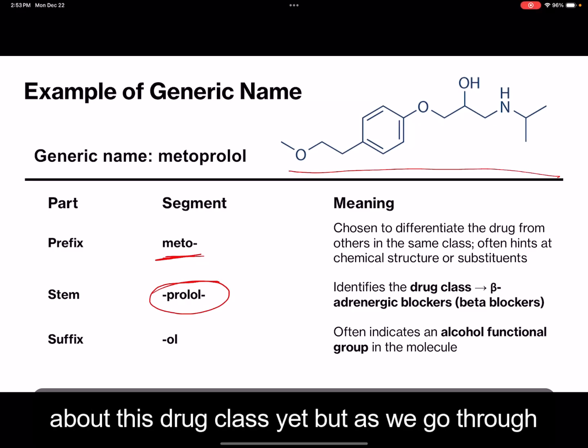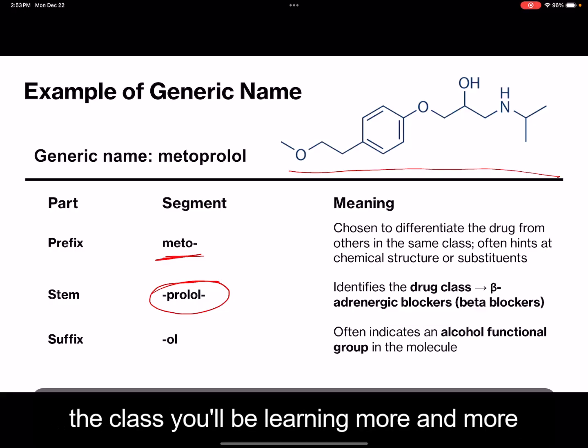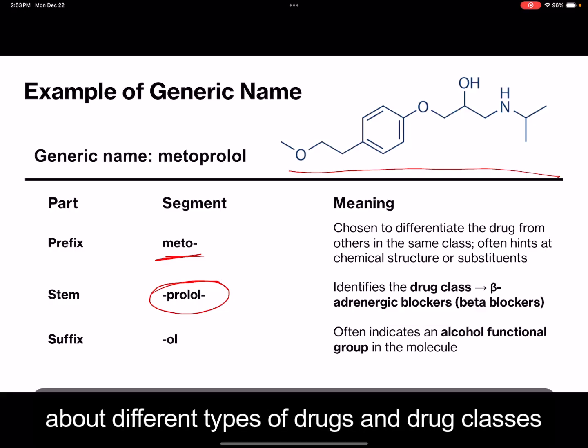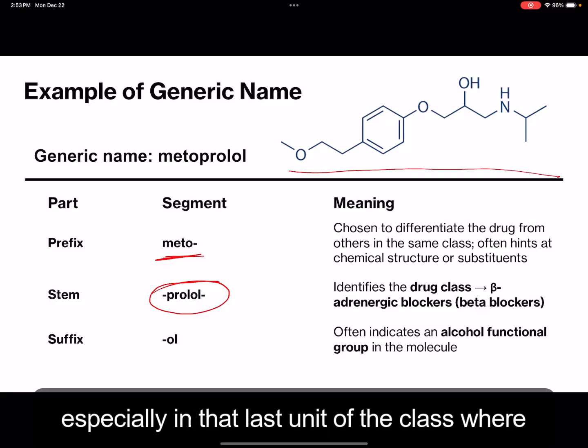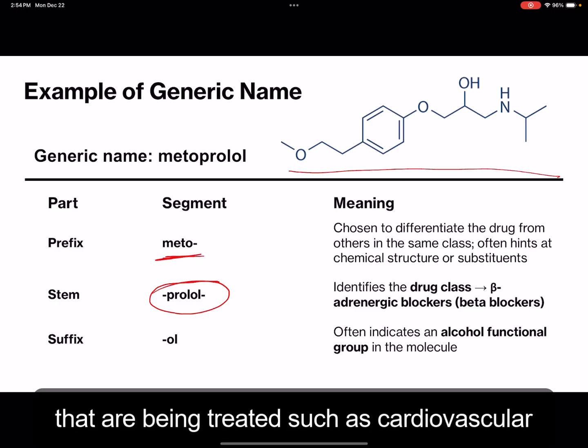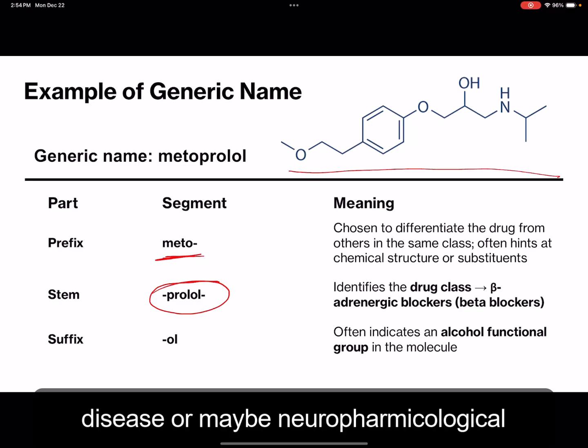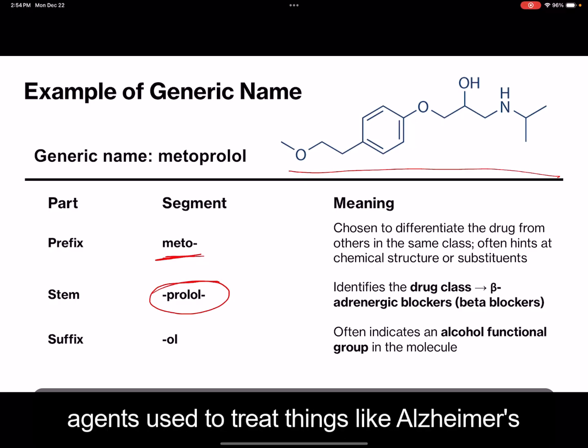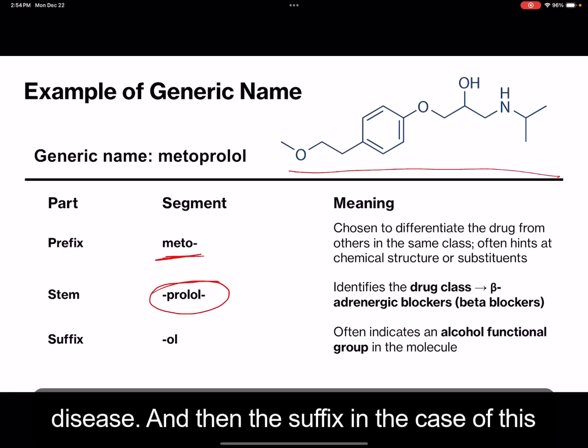You don't know about these drug classes yet, but as we go through the class, you'll be learning more and more about different types of drugs and drug classes, especially in that last unit of the class where we're going to be looking at specific conditions that are being treated, such as cardiovascular disease or maybe neuropharmacological agents used to treat things like Alzheimer's disease.